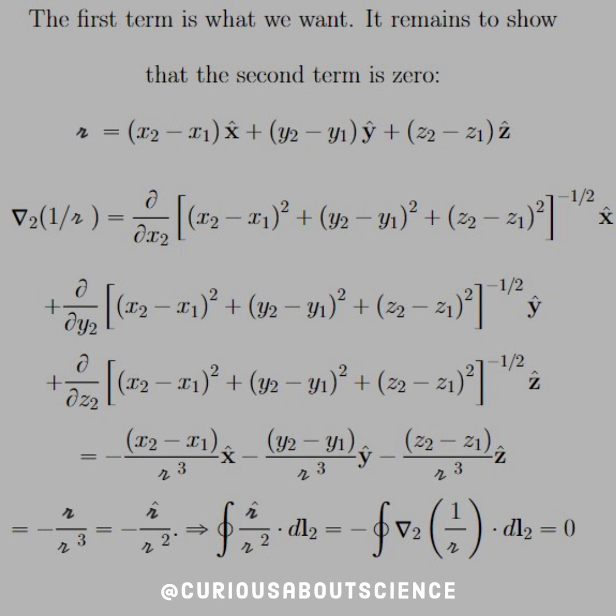So the gradient of that from definition is equal to this mess of algebra, which we can simplify down into negative x2 minus x1 over r cubed x hat, and the same for y and z, which we can rewrite in terms of the vector r, which then, since we have a cubed in the bottom, we can shuffle one up and write script r as a unit vector.